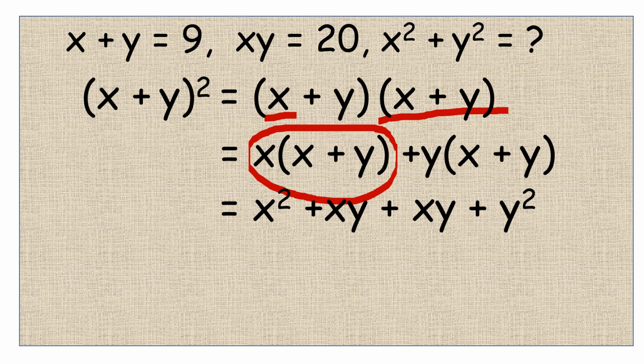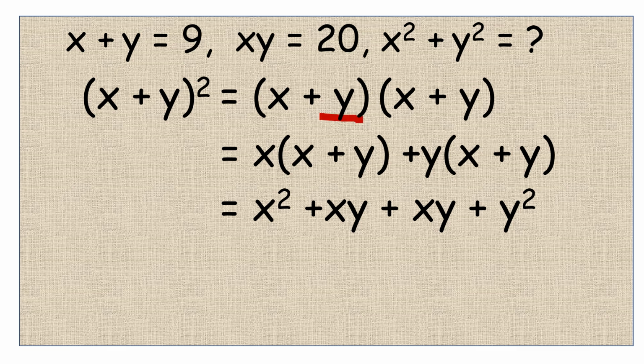So what we will now do is take the value of y and multiply it by x plus y. And that is what we have here, the value of y, and then we multiply it by x plus y. So when we expand this, x times x, we have x squared.